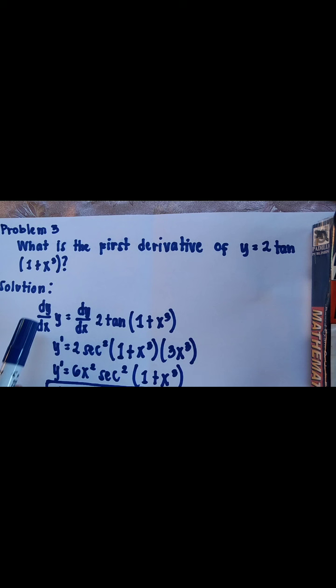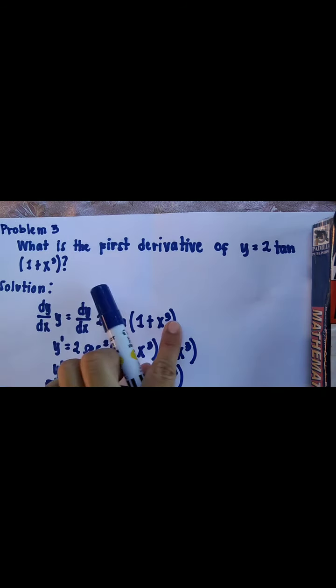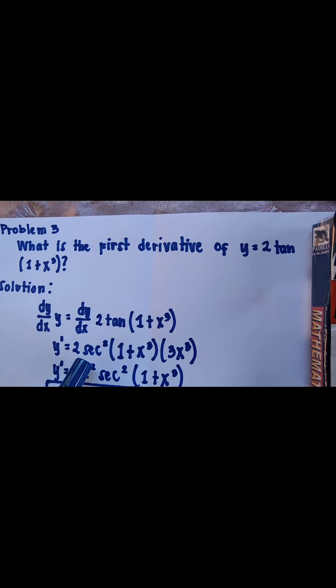So the derivative of y becomes y prime equals the derivative of this value, which is 2 secant squared of (1 plus x cubed) times 3x squared.